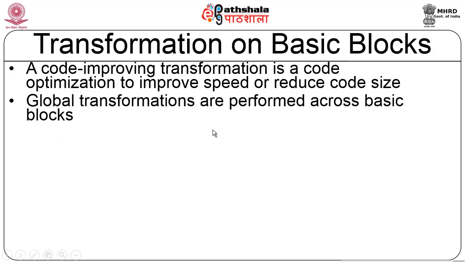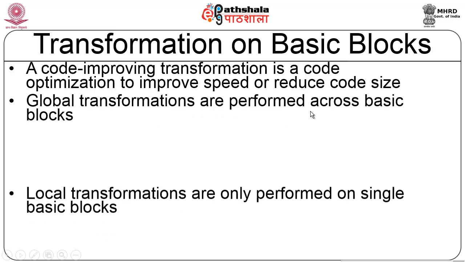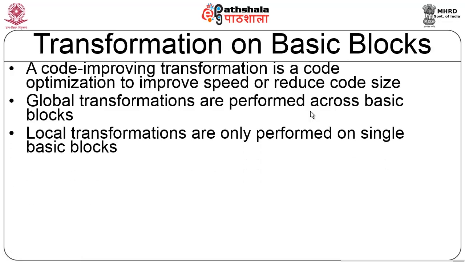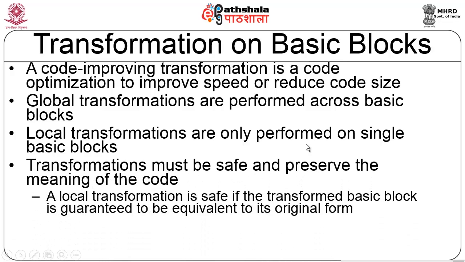Global transformations are performed across basic blocks, but before that, local transformations have to be performed within a particular basic block for optimization. A transformation must be safe and it should preserve the meaning of the code. A local transformation is safe if the transformed basic block is guaranteed to be equivalent to its original form.